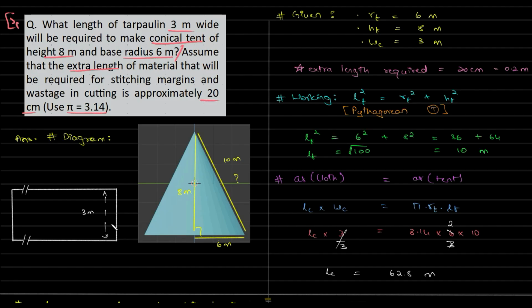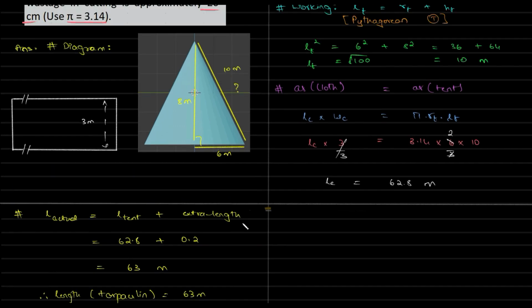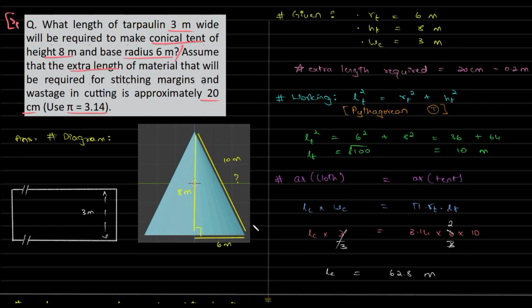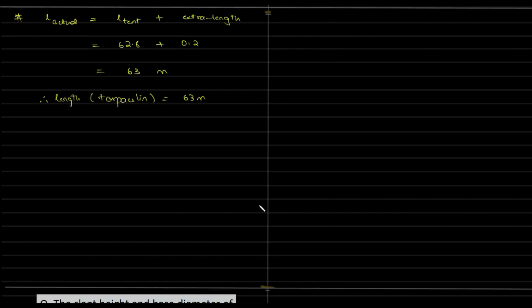What is the length of tarpaulin? So therefore, the length of tarpaulin is 63 meters. So that's your answer. So clean presentation will help you guys in your exams.